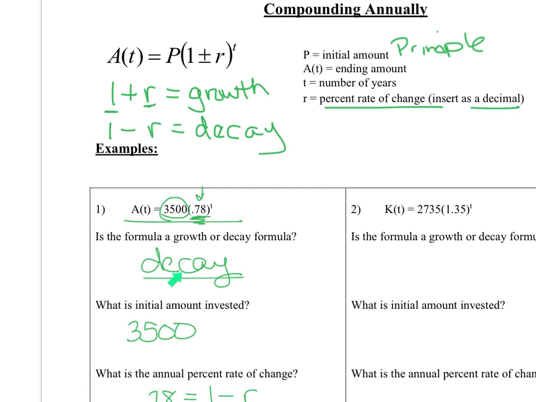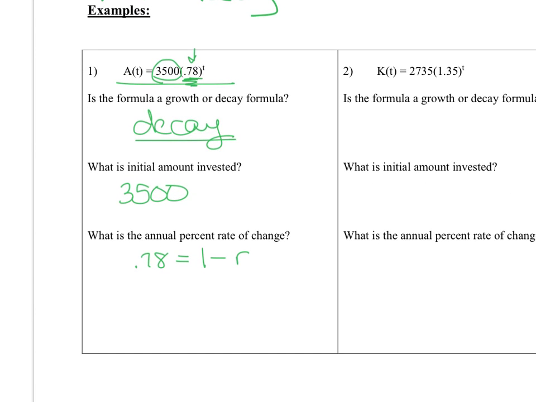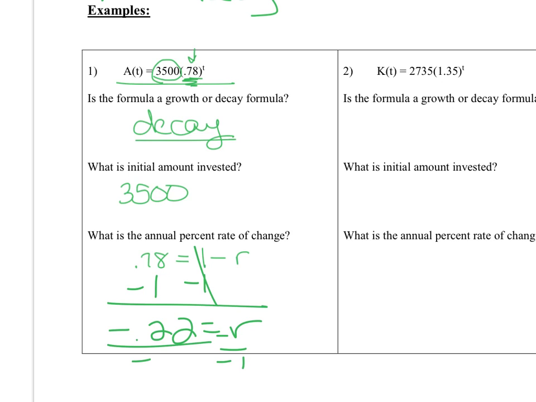So since we decided this was a decay problem, I know that to get this number right here, I had to do 1 minus R. So then, to figure out what R is, I subtract, and I get negative 0.22 is negative R, and then divide by that negative 1, and I get 0.22 as my rate. So that is 22%. So it's going down 22% per year.